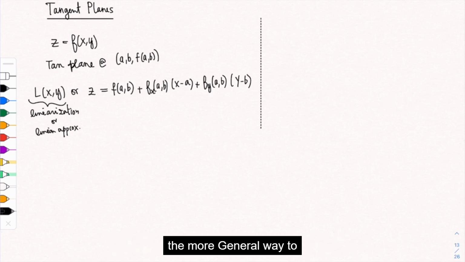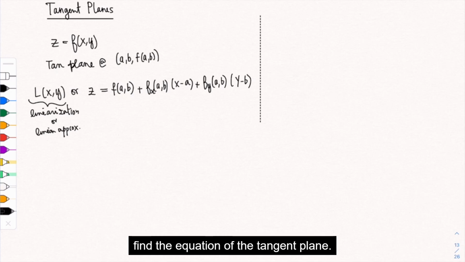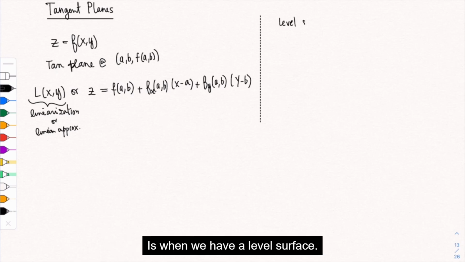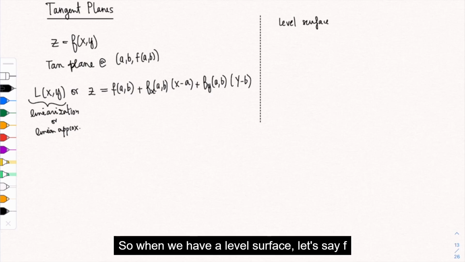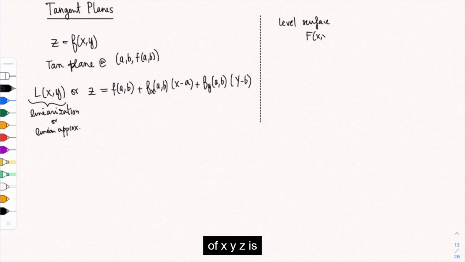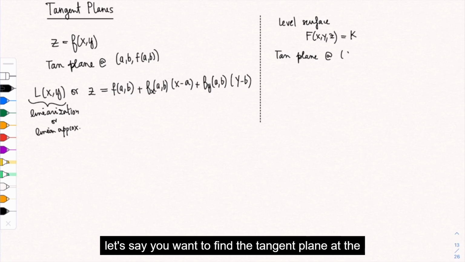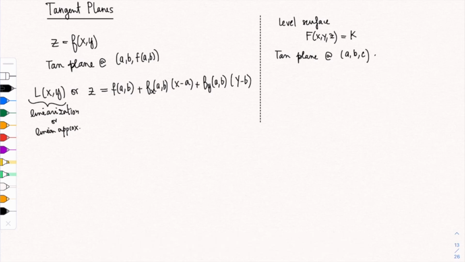Now, the more general way to find the equation of the tangent plane is when we have a level surface. So when we have a level surface, let's say f(x,y,z) is equal to k. We mentioned this earlier about the gradient. So let's say you want to find the tangent plane at the point (a, b, c).